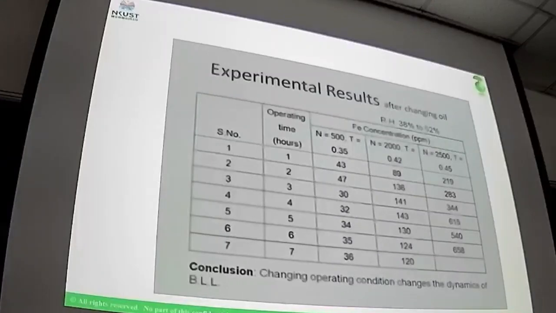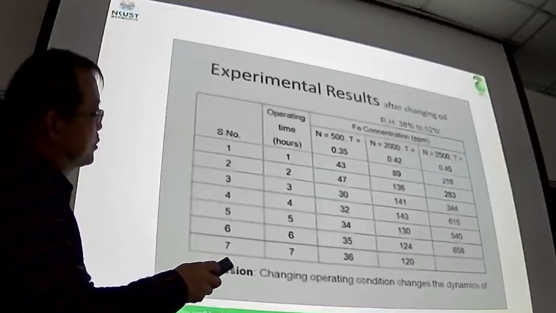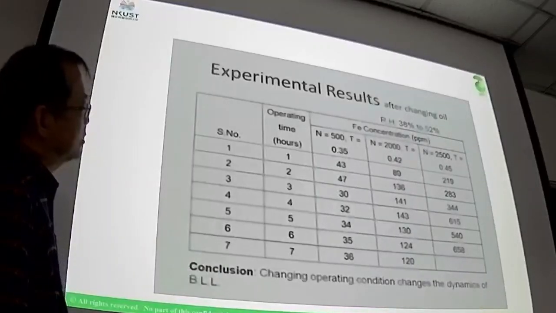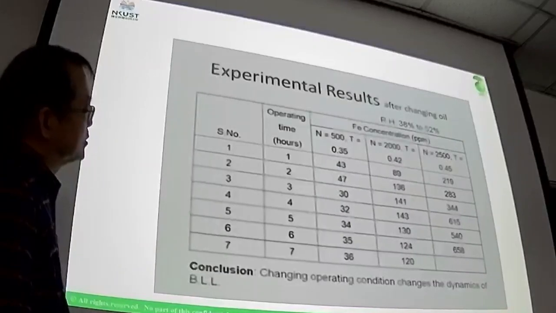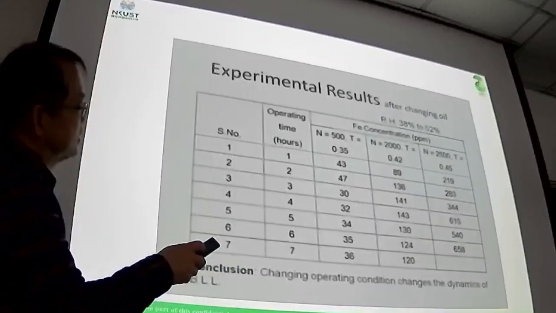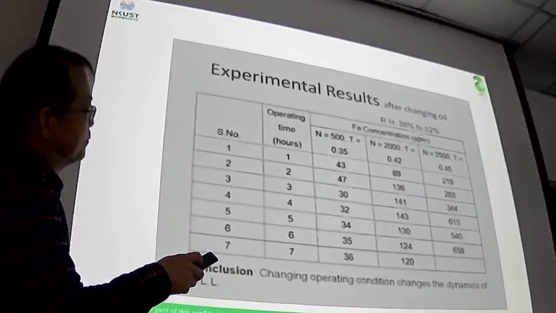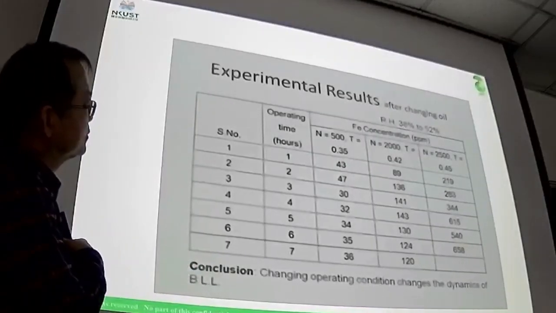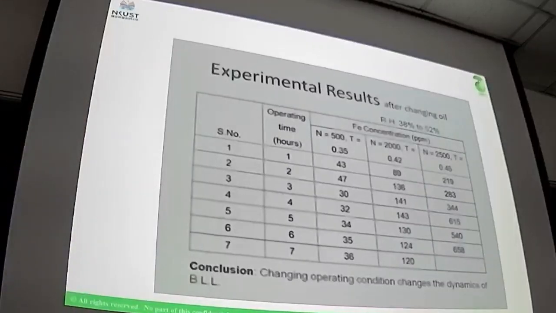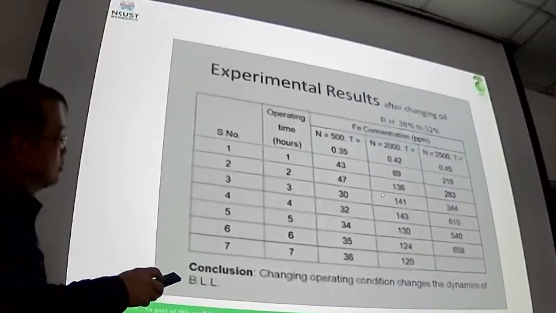So we have a ferrous concentration, detected from the sensor and measured in ppm. Here is the rotational speed.